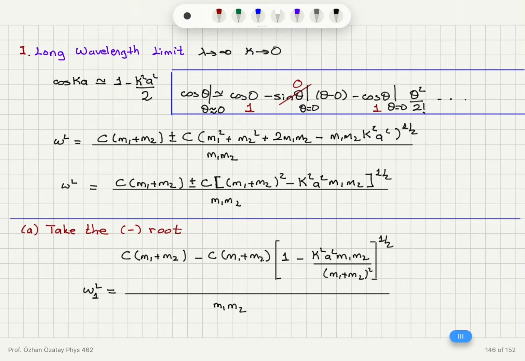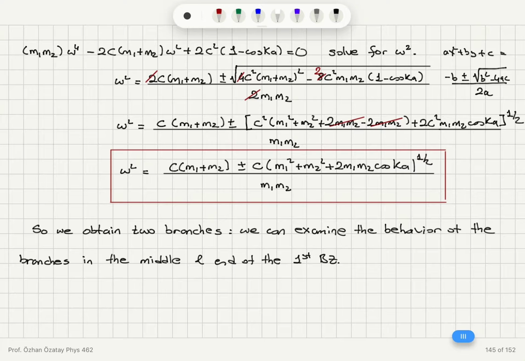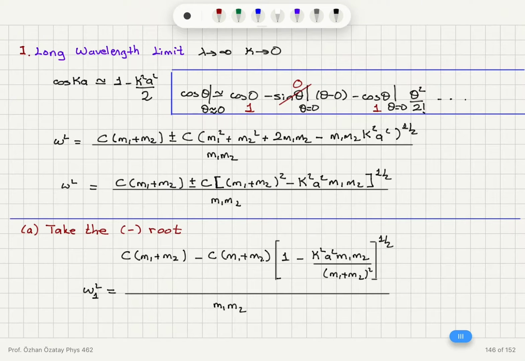So we're going to substitute that for cosine Ka into our result. So we have the 2m1 m1 square plus m2 square plus 2m1 m2 times 1 minus k square a square over 2. So that's going to give us 2m1 m2, and the 2's will cancel, minus m1 m2 k square a square. Here I have multiplied 2m1 m2 with 1 minus k square a square over 2 to obtain this result.